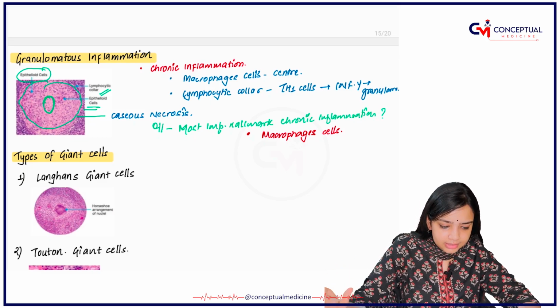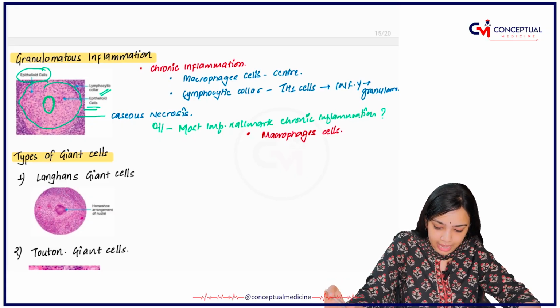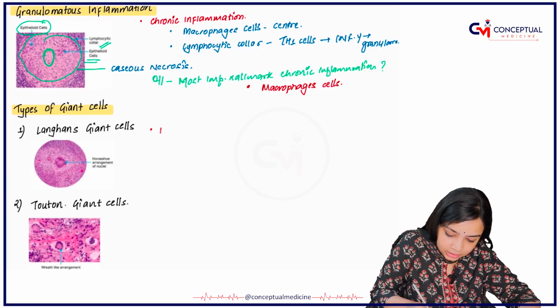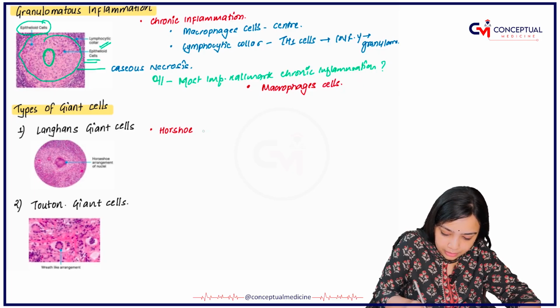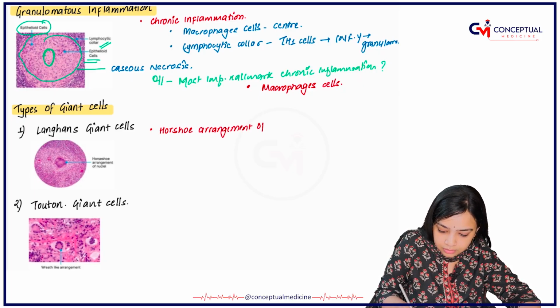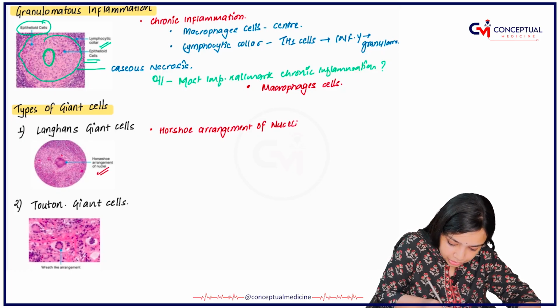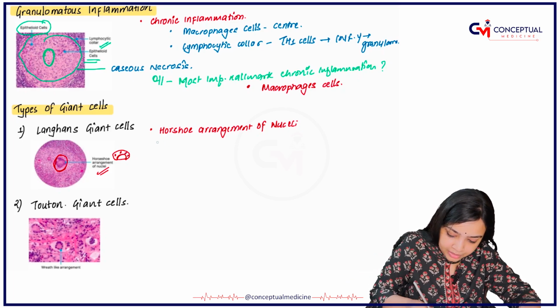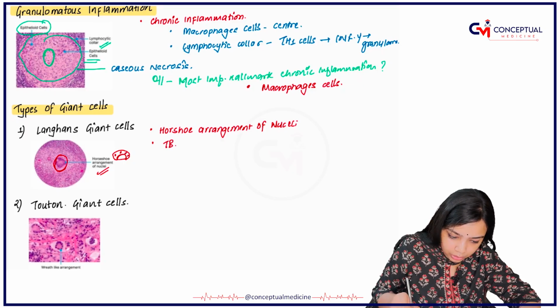Now, let's learn about the types of giant cells that we have. The first one is the Langerhans giant cells. Langerhans giant cells are basically a horseshoe arrangement of nuclei, and it is seen in tuberculosis.